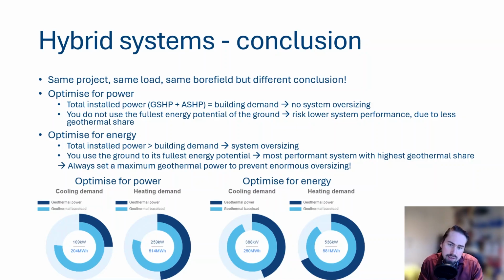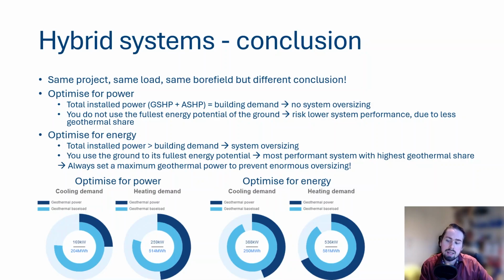But on the other hand, since we're exchanging more energy with the ground, probably this system has the lowest operational cost, because geothermal heat pumps and especially passive cooling are a very cheap way to heat and cool your building.